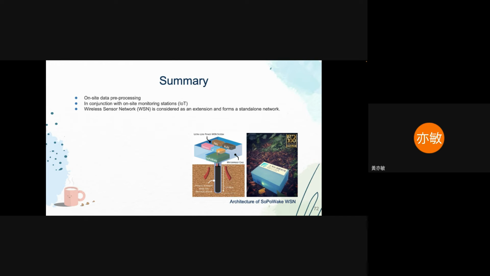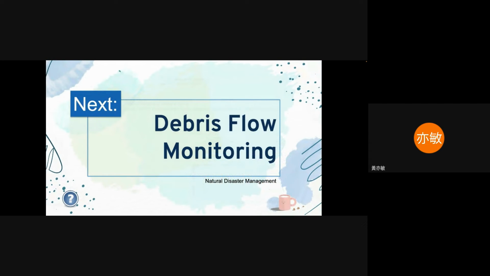Then it will be very powerful WSN sensors because you can do different functions together in one sensor, and the algorithms can communicate with each other. It can do different things, more than ever. So that is the summary about the WSN and IoT application for our landslides. Then we move to another example we call debris flow.